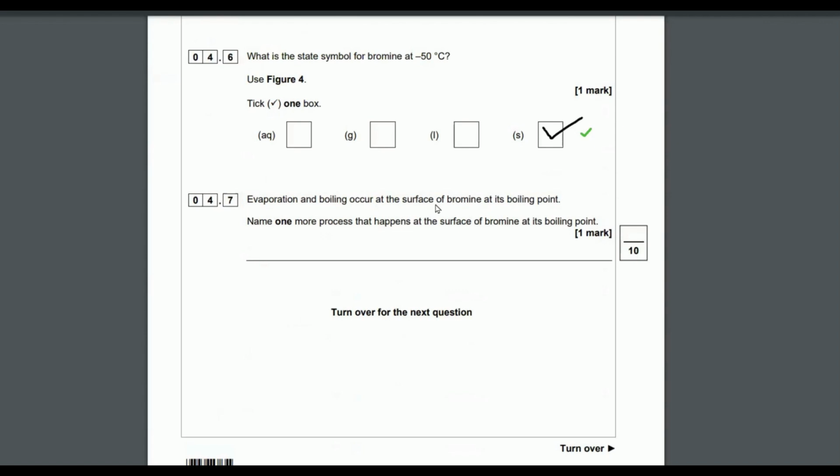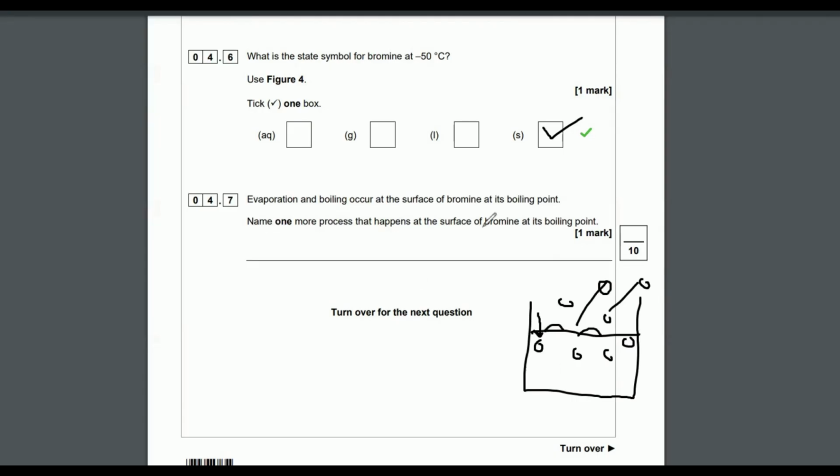Evaporation and boiling occur at the surface of bromine at its boiling point. Name one more process that happens at the surface of bromine at its boiling point. This is a very hard conceptual bit of science, but when something is bubbling away and boiling, at the same time as particles evaporating and leaving the surface, we have particles coming back and joining the surface and condensing.